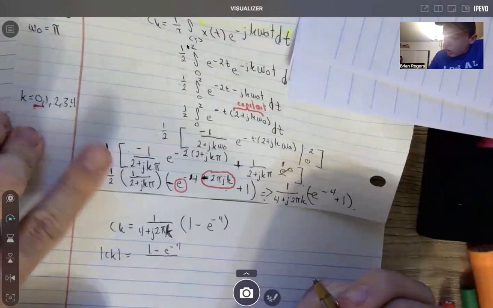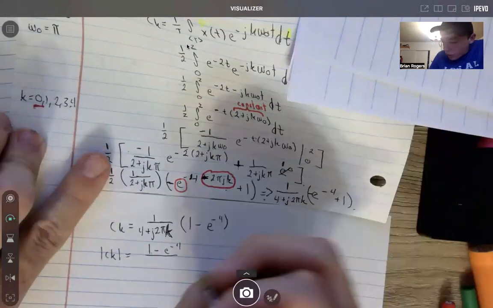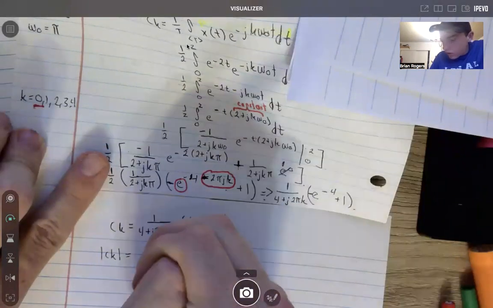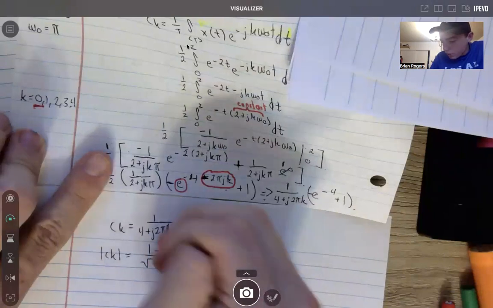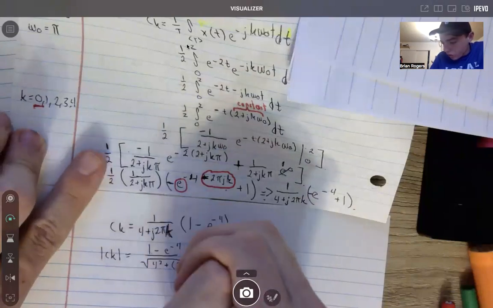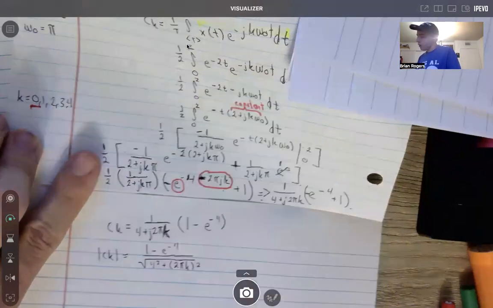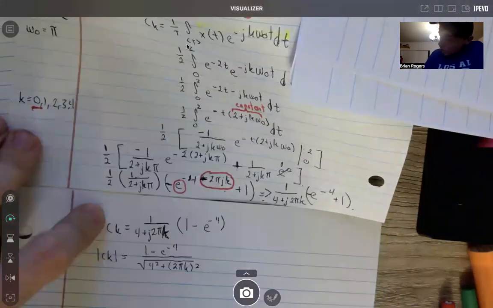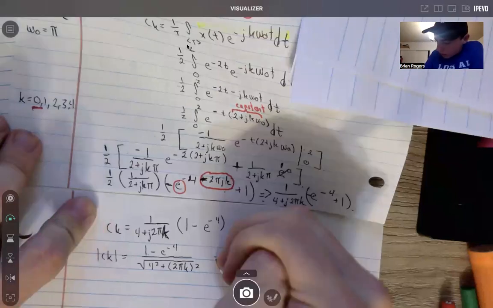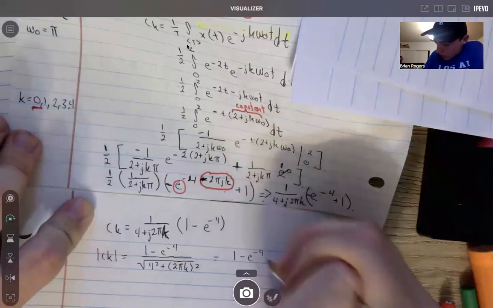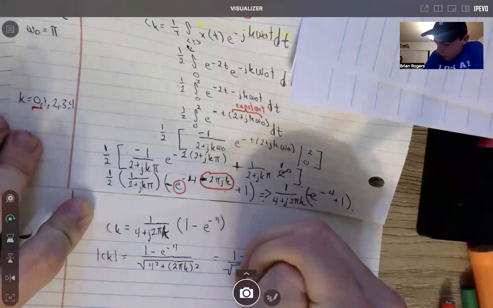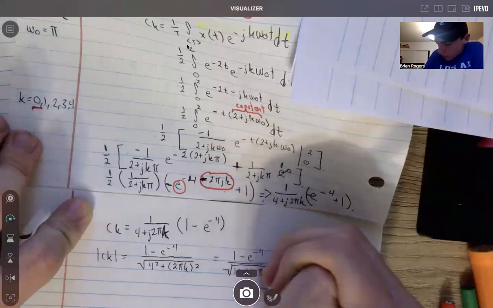And then for the denominator, you have to take the square root of 4 squared plus, and remember the complex term, it's just going to be 2 pi k squared. And then if you distribute, you get 1 minus e to the -4 all over 16 plus 4 pi squared k squared.